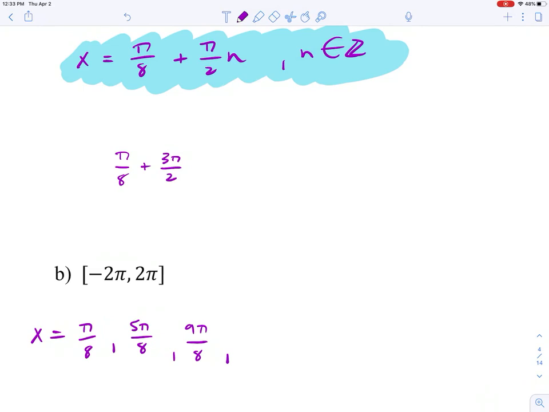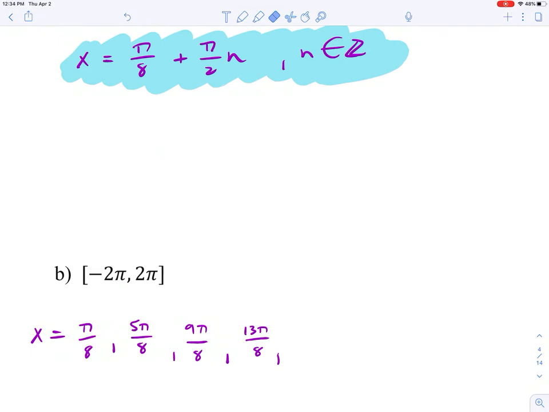To get a common denominator, that would be pi over 8 plus 12 pi over 8, so 13 pi over 8, which is still on that interval. If n were equal to 4, that would be pi over 8 plus 2 pi, so that's obviously going to be outside this interval.